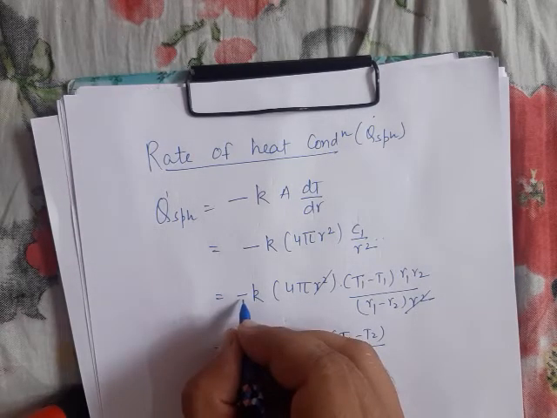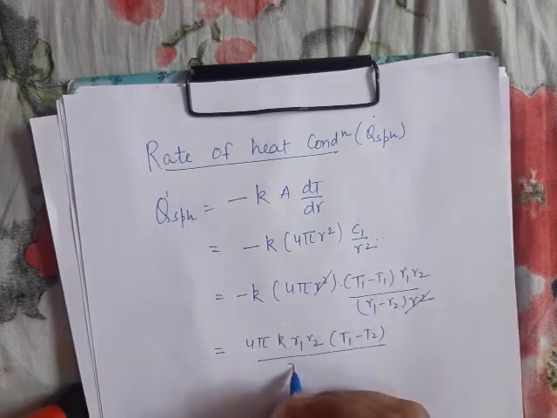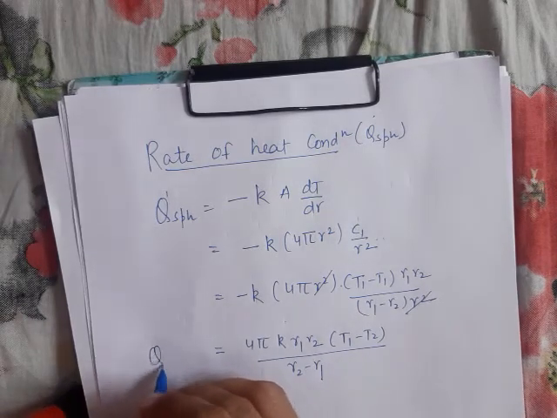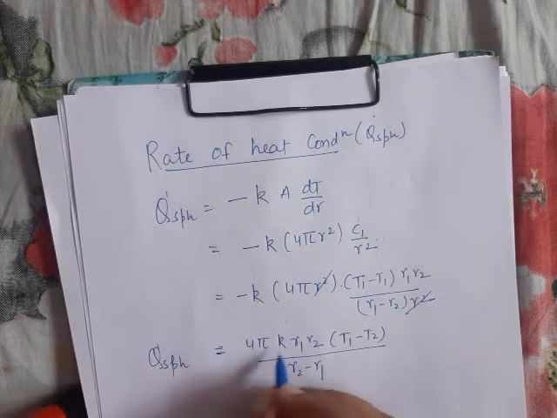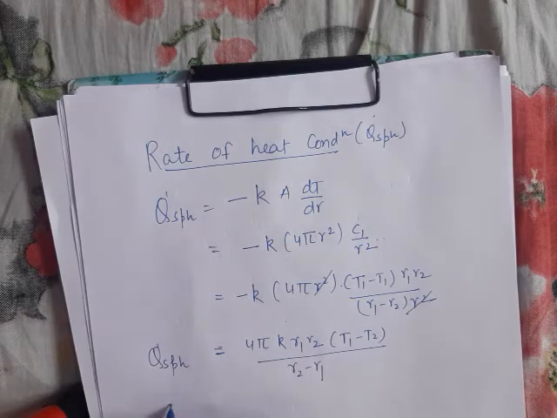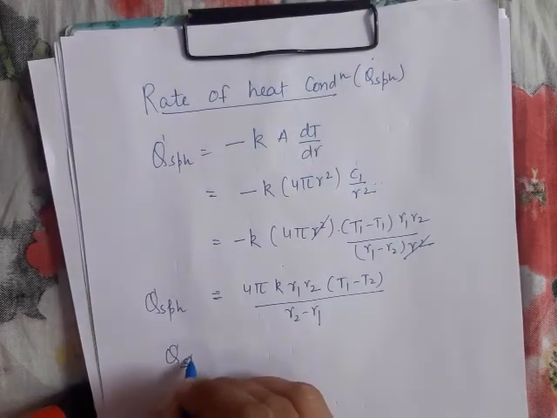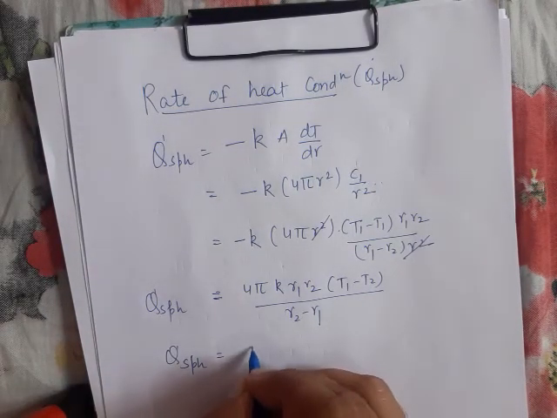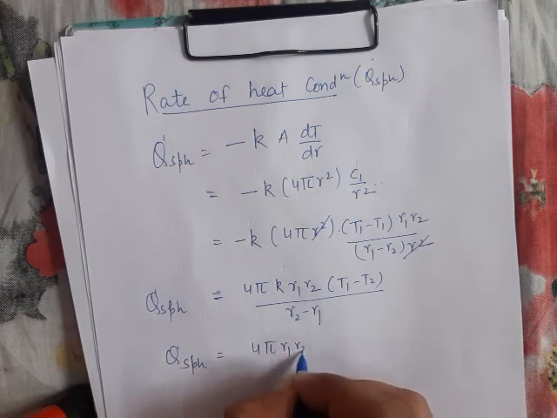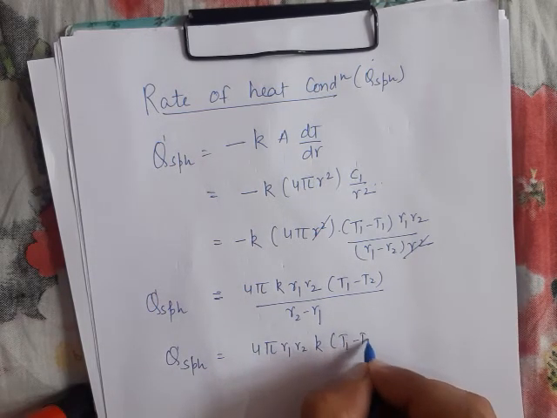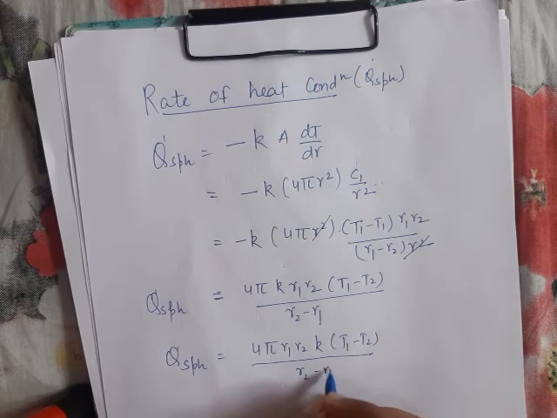This minus can be removed by writing this as R2 minus R1. This is the expression for Q sphere, which can finally be written as 4 pi R1 R2 k (T1 minus T2) upon R2 minus R1.